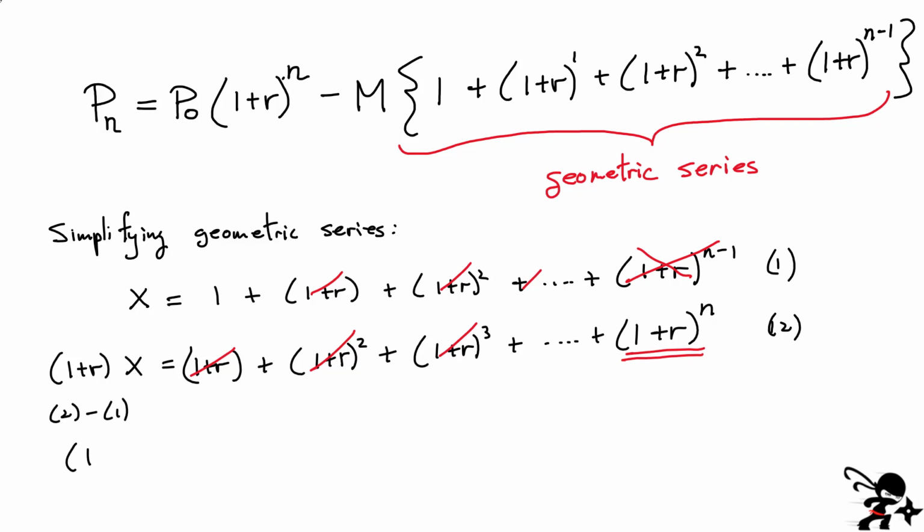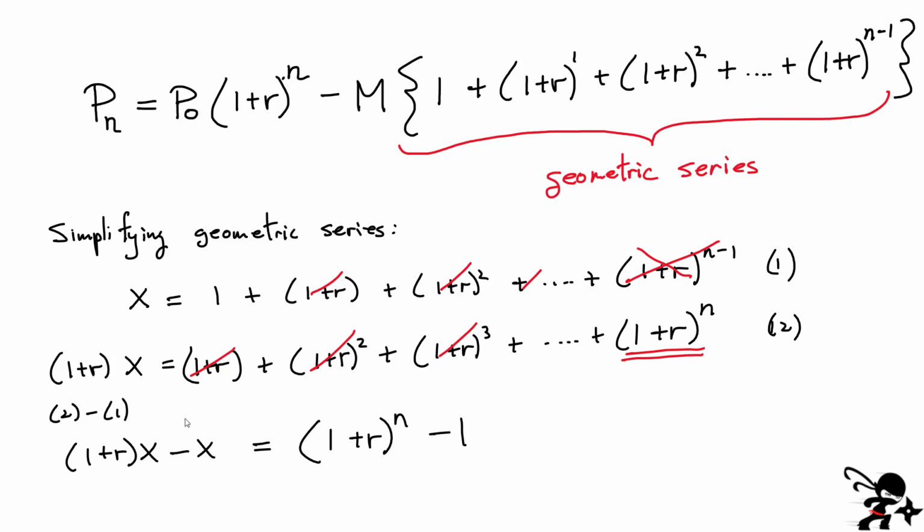This is going to be 1 minus r multiplied by x minus x. Okay, this here has to be equal to, again, at the end, we're simply going to be left with this guy, 1 plus r to the nth power. And there is nothing to cancel out the 1, so you're still going to be left with minus 1 here at the end.